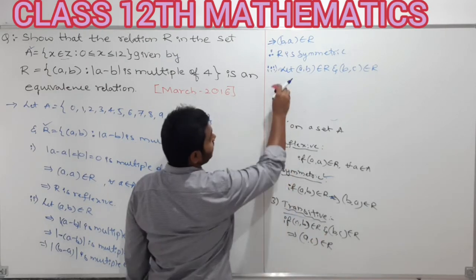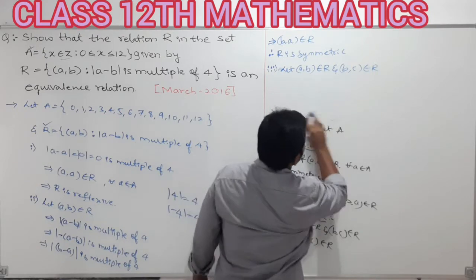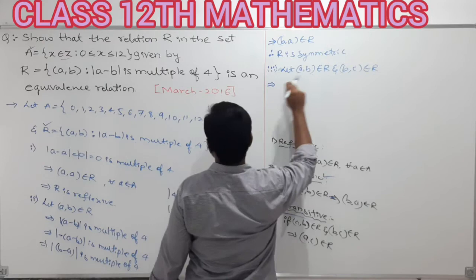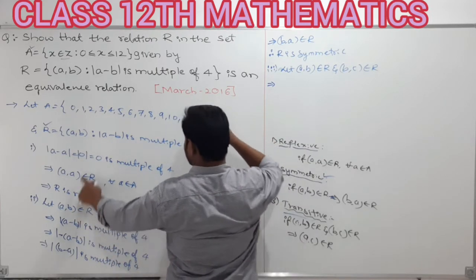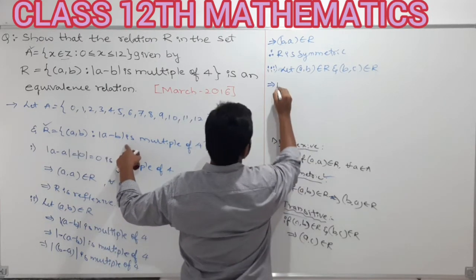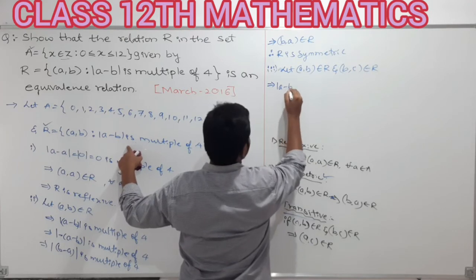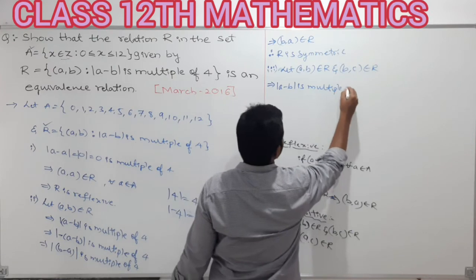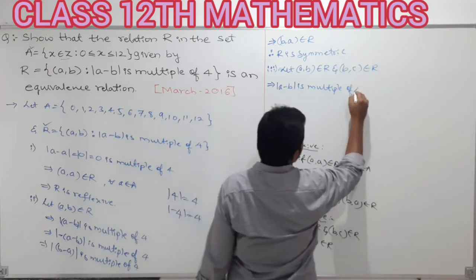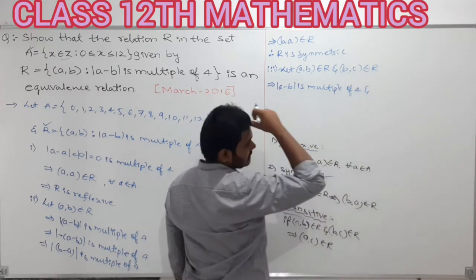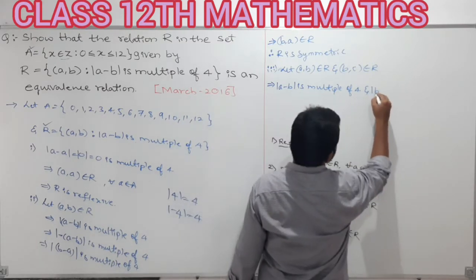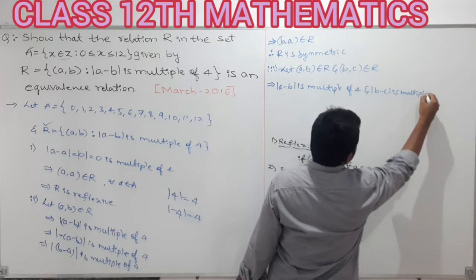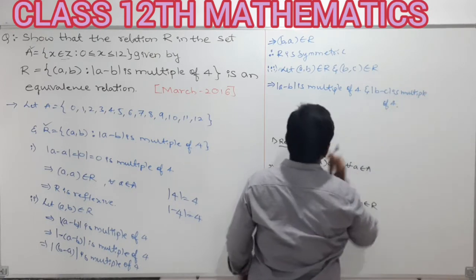So let us consider, my dear students, let a comma b belong to R and b comma c belong to R. So this implies a comma b is in the relation R, which means modulus of a minus b is a multiple of 4, and also b comma c is in the relation R, which means modulus of b minus c is a multiple of 4.